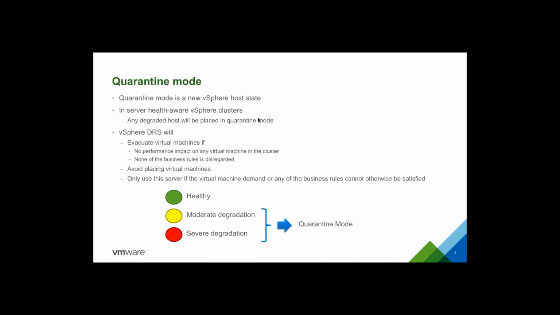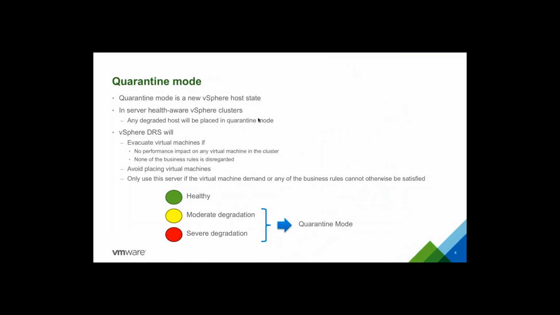DRS comes in, makes its placement decisions for all of the virtual machines and completely evacuates that host. It isn't going to, however, violate any of your business rules, DRS group rules, affinity rules, any of those types of hard constraints that you've placed in the environment. We're not going to violate any of that whenever we do either a maintenance mode or a quarantine mode.